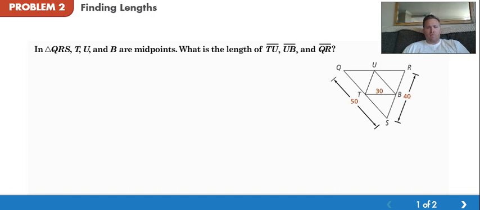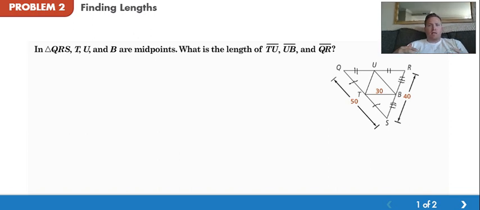That might be helpful to us. We know T is a midpoint, so QT and TS are going to be congruent. U is a midpoint, so QU and UR are going to be congruent. And this last one, these two sides are also going to be congruent.